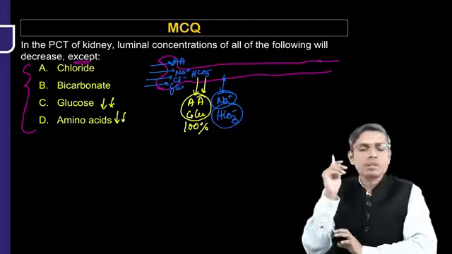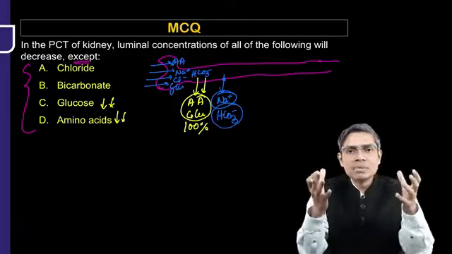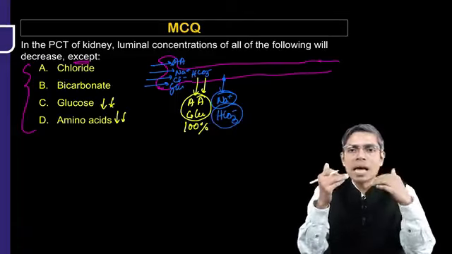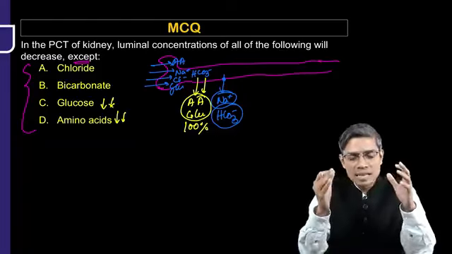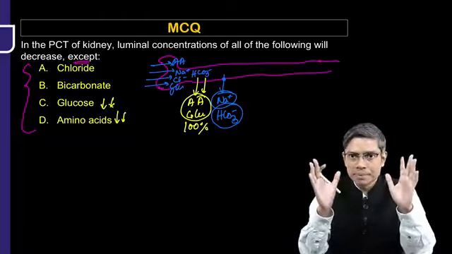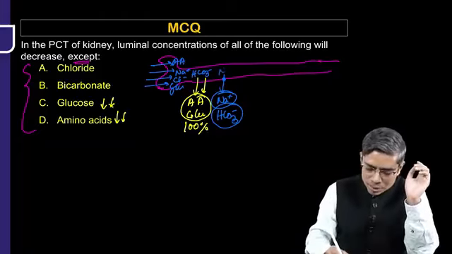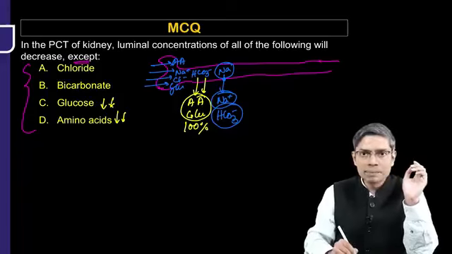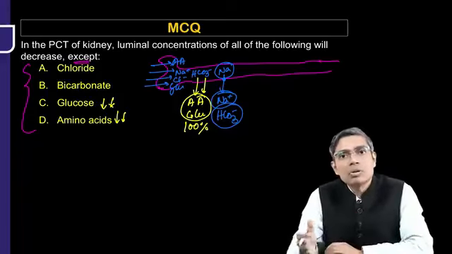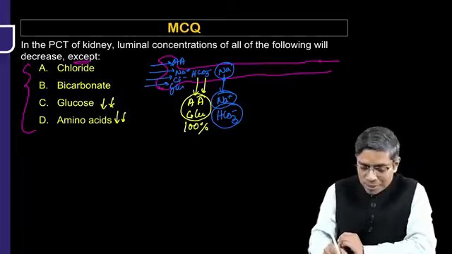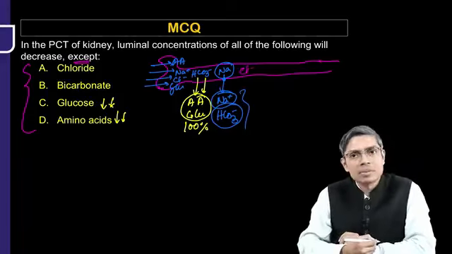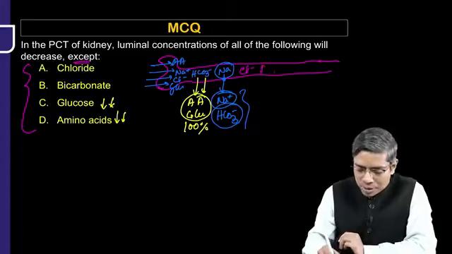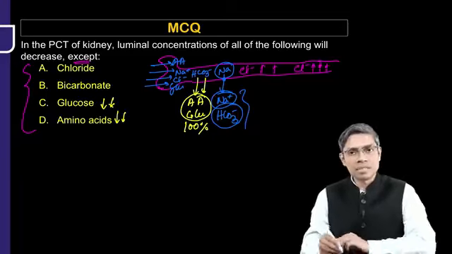So in the first part of the proximal tubule, the hugely filtered sodium will be reabsorbed along with bicarbonate. Sodium and chloride have been filtered equally. But you are picking up the sodium along with bicarbonate, not with the chloride. So you are leaving the chloride alone in the first part of the proximal tubule. So the chloride concentration will gradually increase towards the end of the proximal tubule.